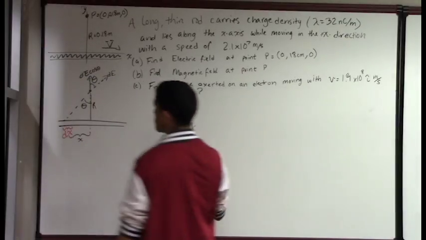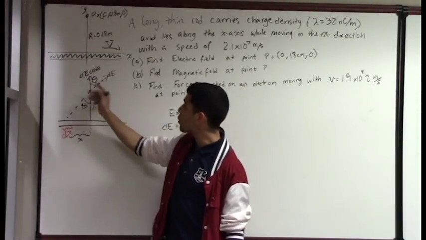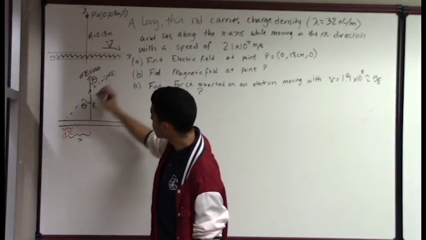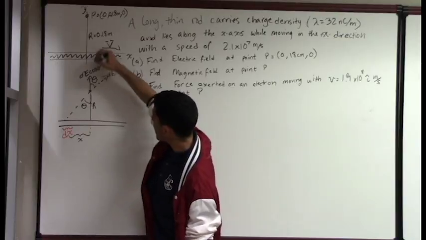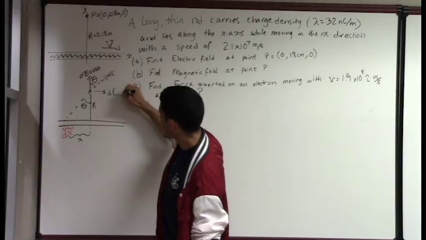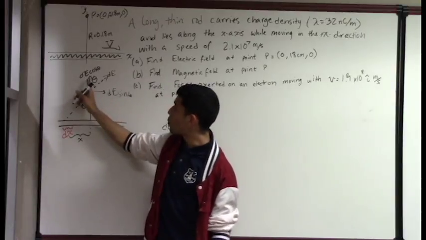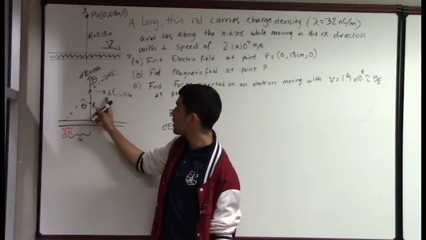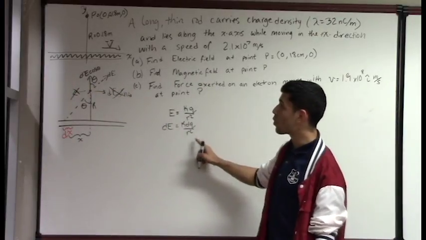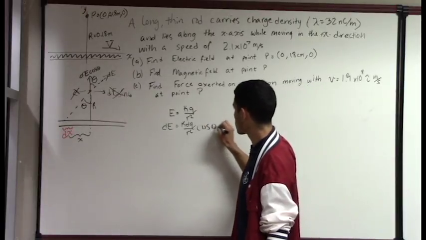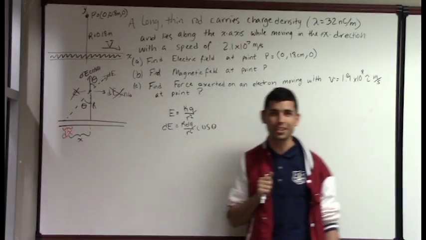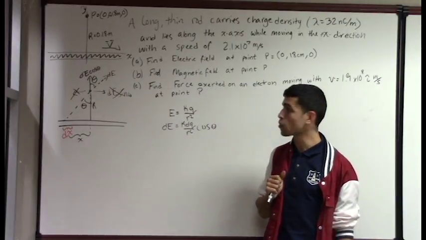Because all of the x components of our electric field will cancel from each other, those from the right will break up into x and y components, where our x components will be dE sine of theta, and our y components will be dE cosine of theta. These will cancel, leaving us only with our cosine of theta components, where theta is the angle between our electric field and the perpendicular of our rod, crossing point P.